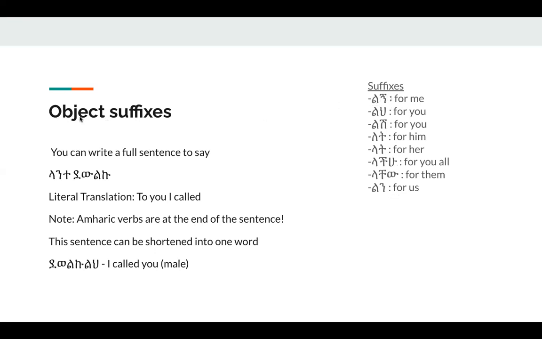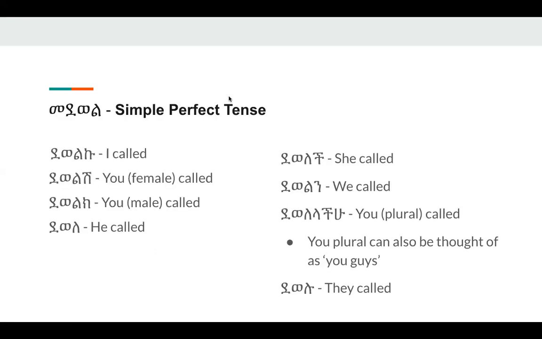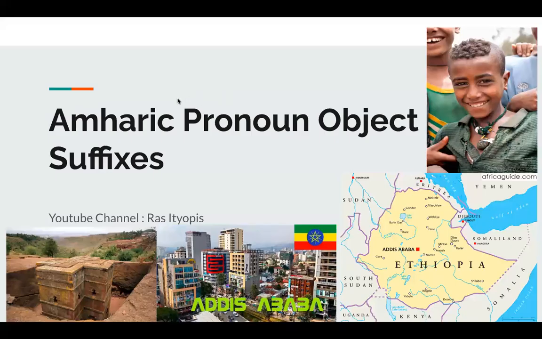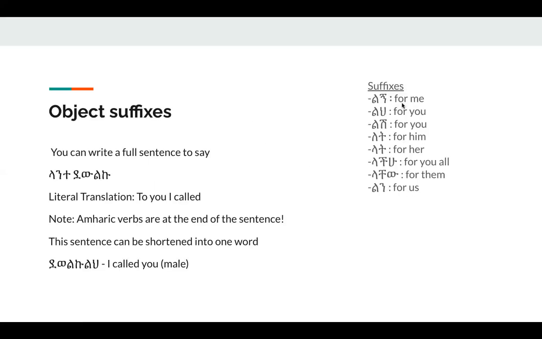The reason why I'm saying object suffixes and more accurately pronoun object suffixes is because these are suffixes meaning they're at the end of the word, right? And then the nye, the l, the sh, t, chu, cho, ne, that represents somebody. This represents we.